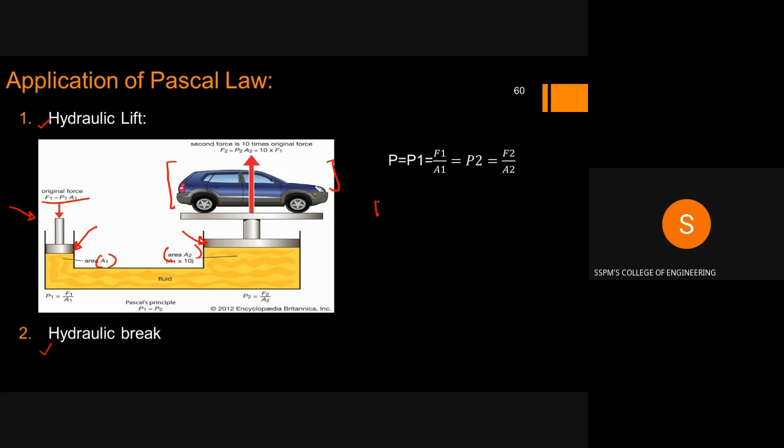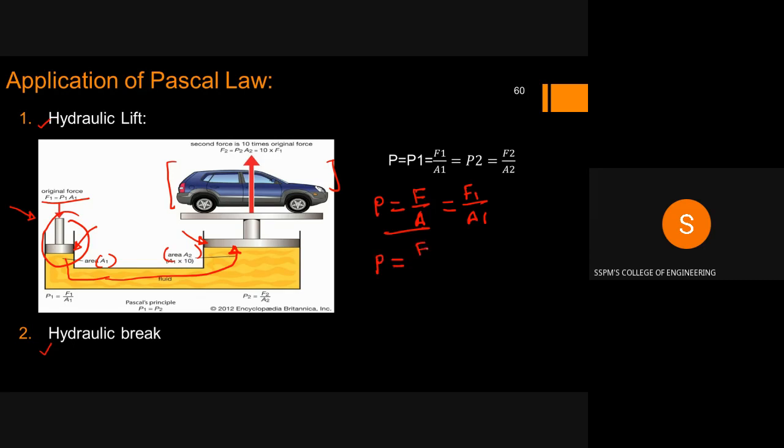By Pascal's law, we can write that the pressure intensity will remain the same. So P is equal to force upon area. If you consider only this smaller cylinder, then we can write F1 divided by A1. The pressure is the same, so it is equally transmitted to the other end. So at the second cylinder, the pressure will remain the same.